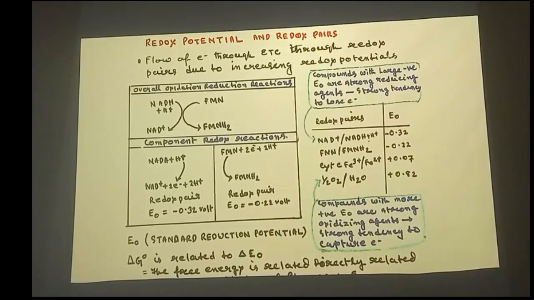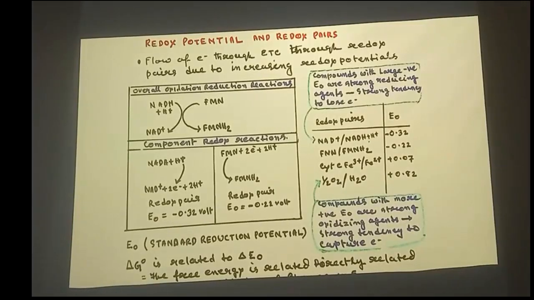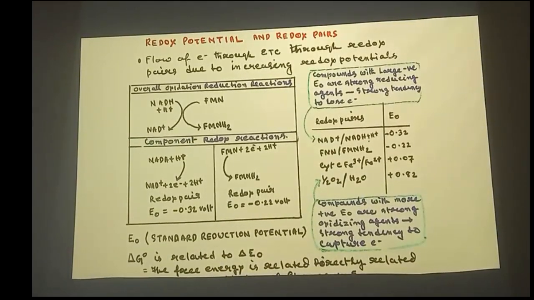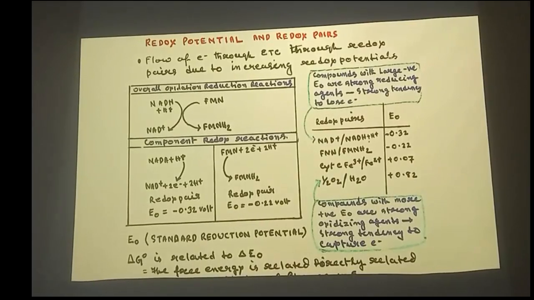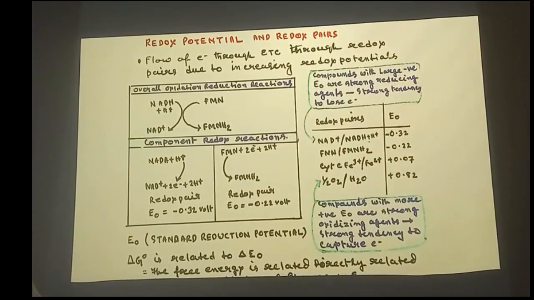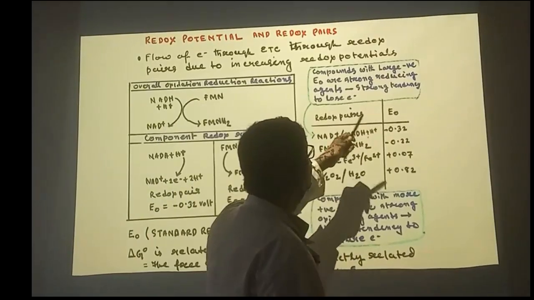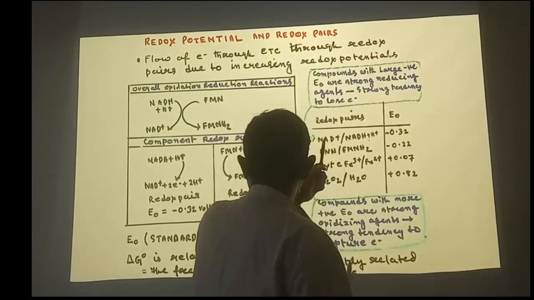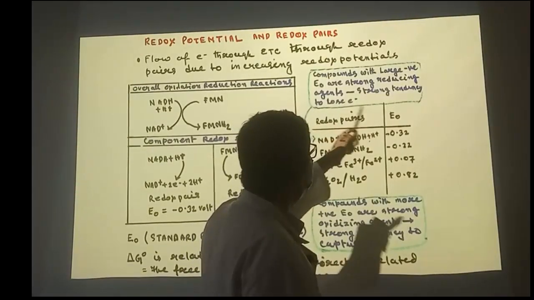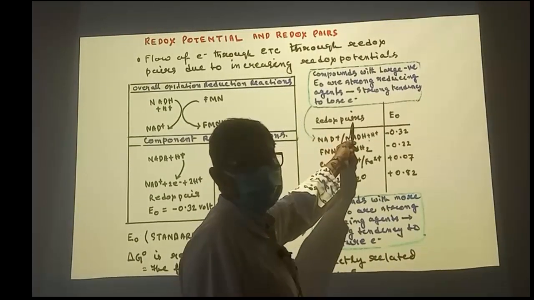You can always ask, where is the proton now, sir? That plays the key role in generating ATP. That we will also find in the oxidative phosphorylation chapter. So till now we have understood that components with large negative standard reduction potential are strong reducing agents, with a strong tendency to release electron.